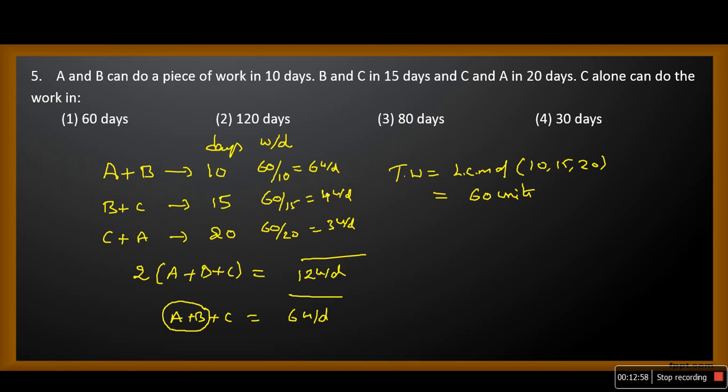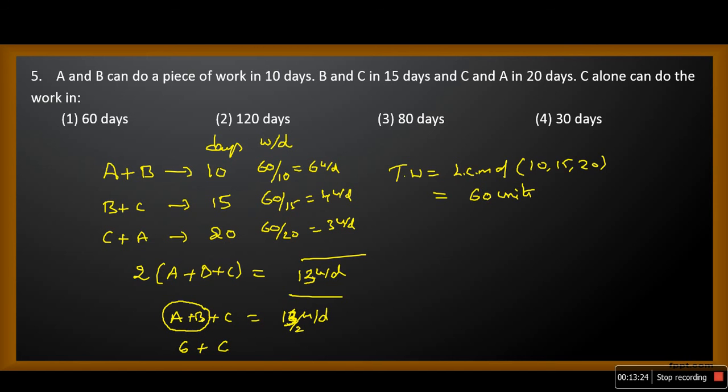Sorry, here this is 13, you will get 13 units per day. So here you will get 13 by 2. A, B and C together are doing 13 by 2 units per day. Now A and B together are doing how many units per day? 6 units per day. This is efficiency, not the people.